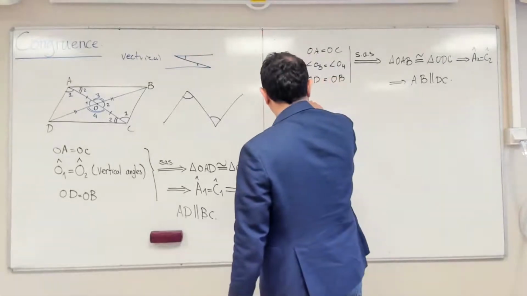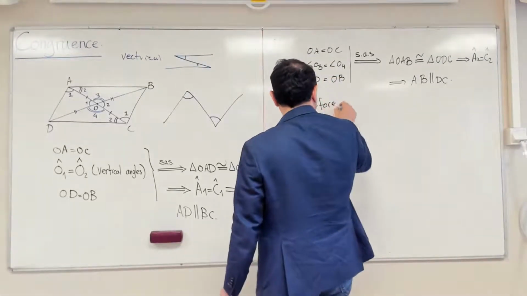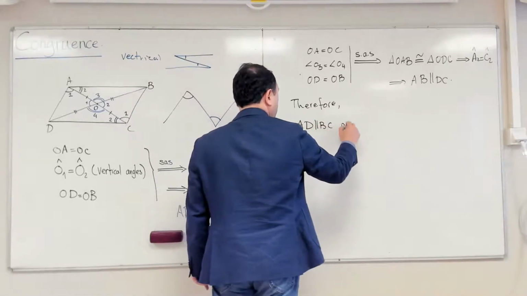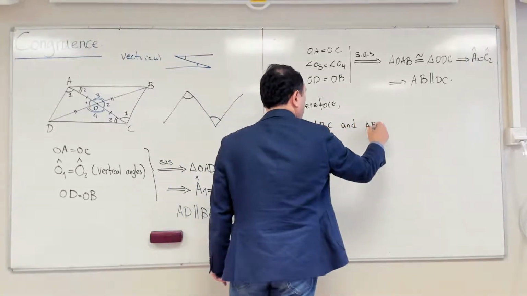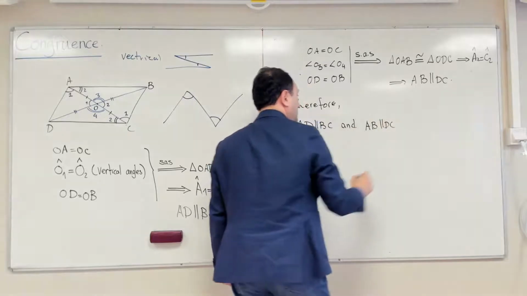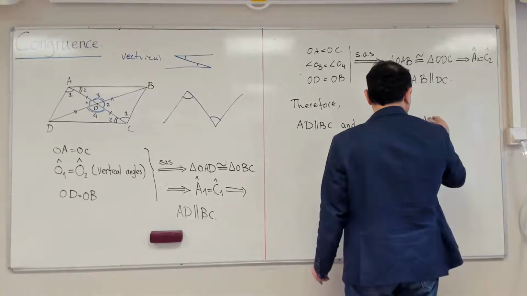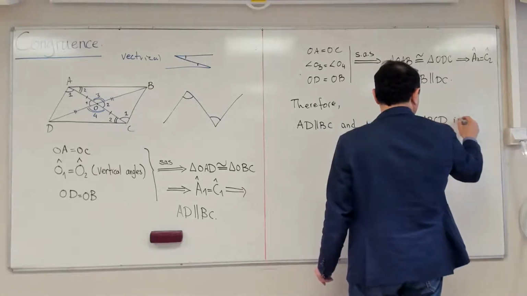Therefore, what do I have? I know that AD is parallel to BC, and I know that AB is parallel to DC. So I can conclude immediately that ABCD is a parallelogram.